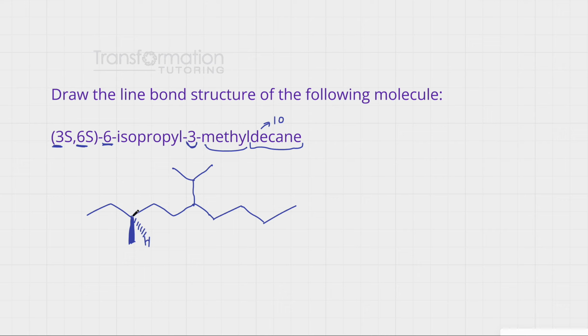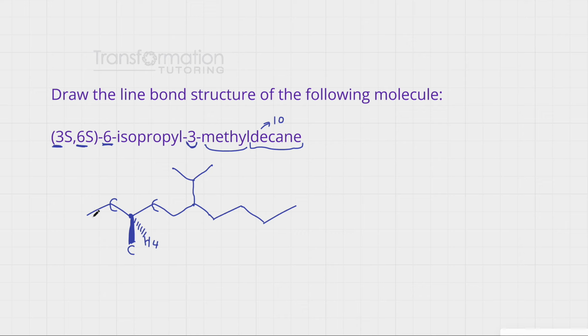To assign these priorities, I will use atomic numbers of the elements found on the periodic table. So let's get started. This is my chiral carbon, this is carbon 3, and attached to it I have a carbon, a carbon, a carbon, and a hydrogen. Hydrogen is the smallest on the periodic table. It will get number 4.